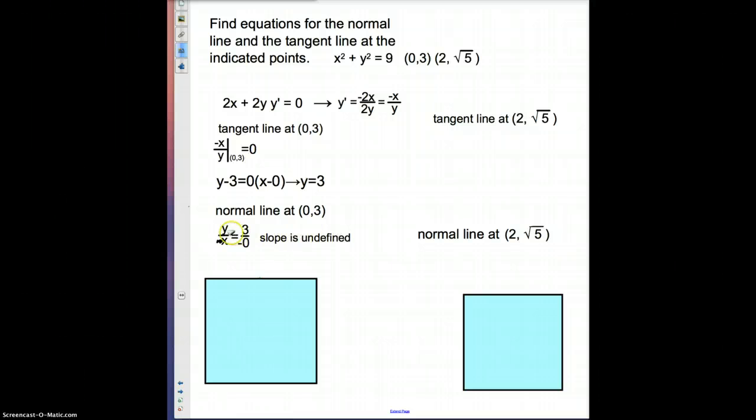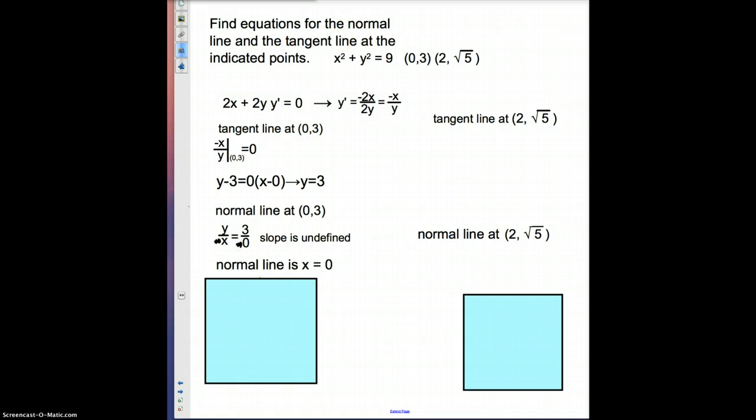So this normal line must be vertical. And it's vertical at this point, x equals 0. So our normal line is x equals 0. Sorry, I keep getting those negative signs back. Those negative signs are not there. I keep erasing them, that's the problem.